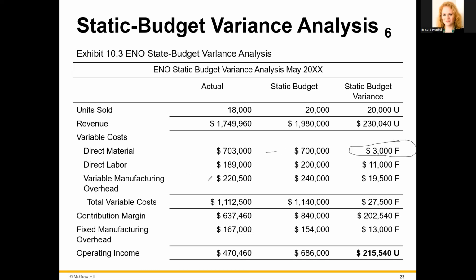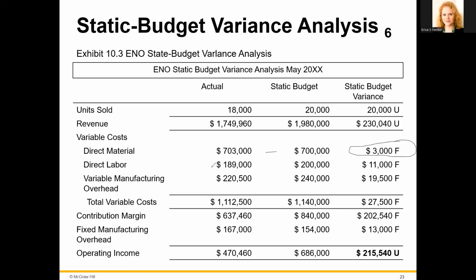Then we figure out why we would have more direct material. I think they have these reversed, actually. Why would the costs be higher?